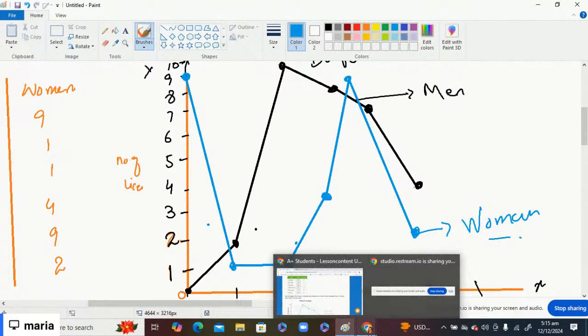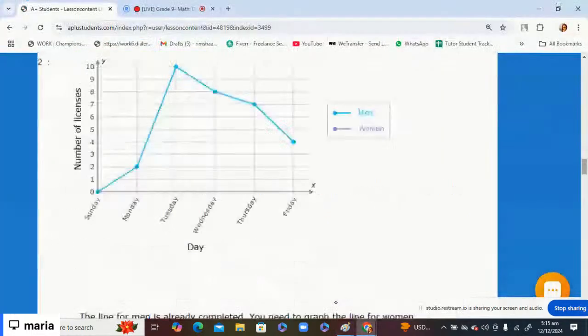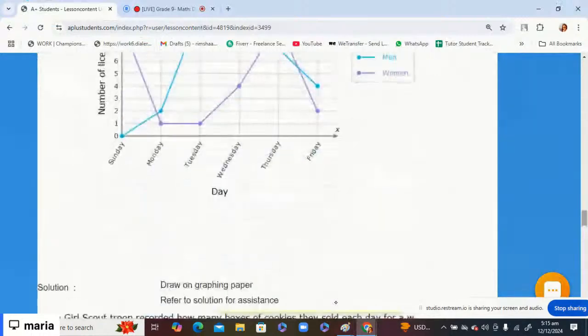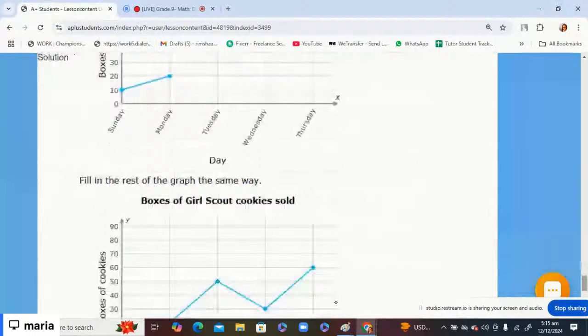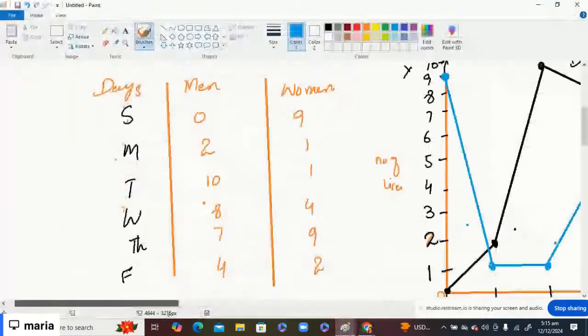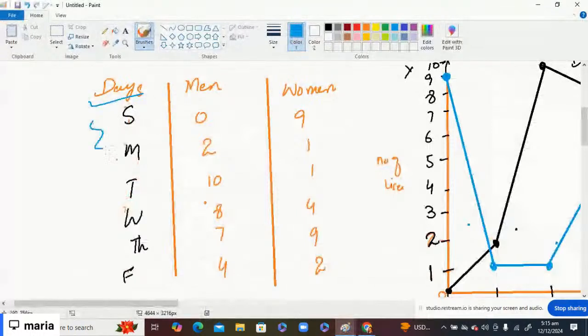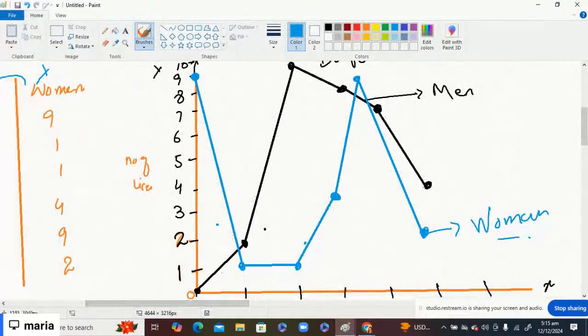All right, look. So the data is given. Again, I'm going to repeat this. Data is given, number of days are given. So we put the days on the x-axis, put these two things on the y-axis, and then for the men we are going to draw in black color.